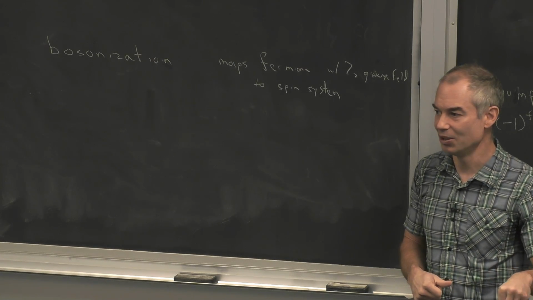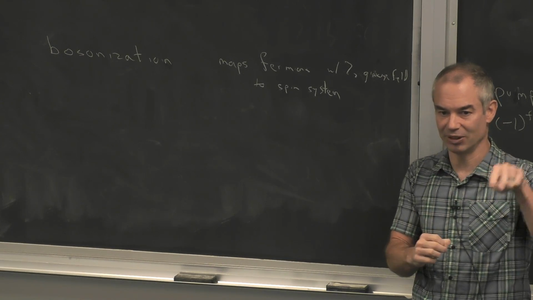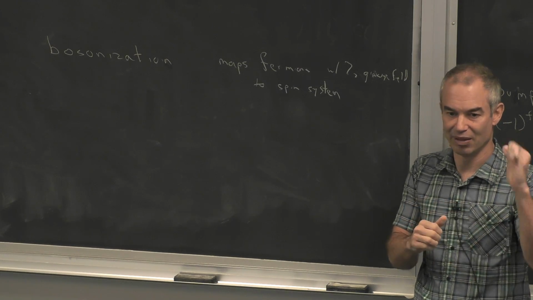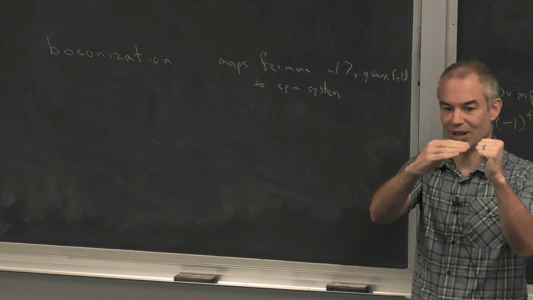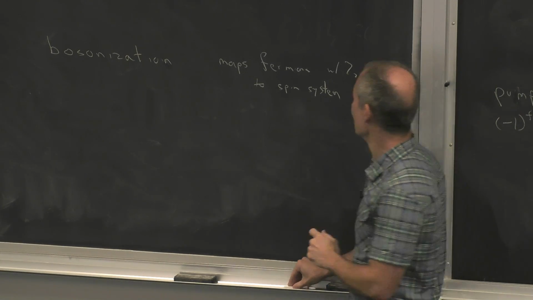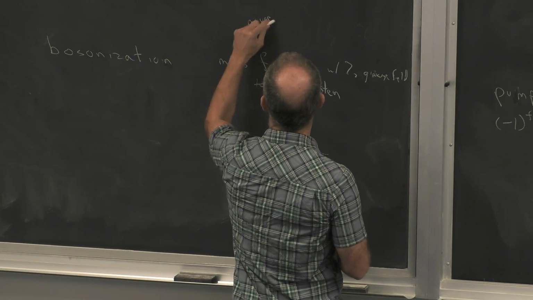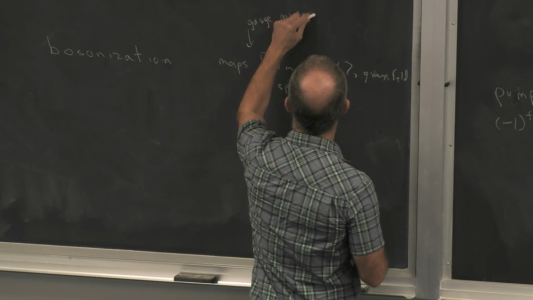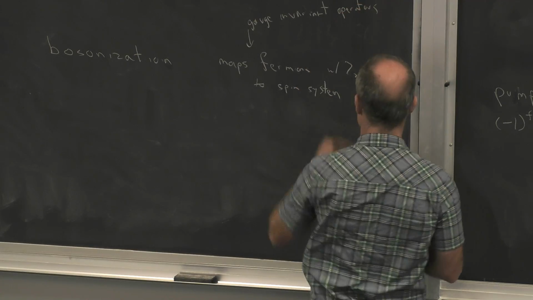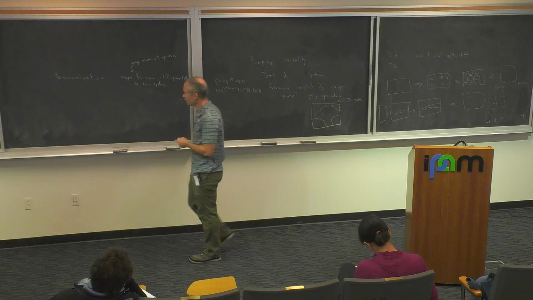That is not gauge invariant. You cannot ask, what is the image of the gauge field operator on this link? That's not invariant. You can ask for the image of the product of gauge fields around a plaquette, or something like a fermion operator on this site, a gauge field on a link to a neighboring site, and then a fermion on that site. So you can only ask about gauge invariant operators. That's what this bosonization map does. It gives you a dictionary to map one to the other.